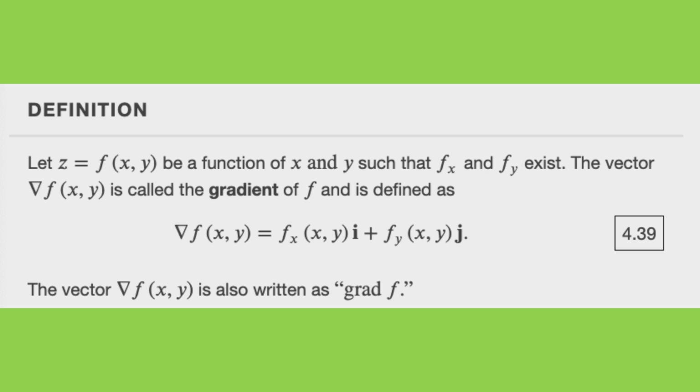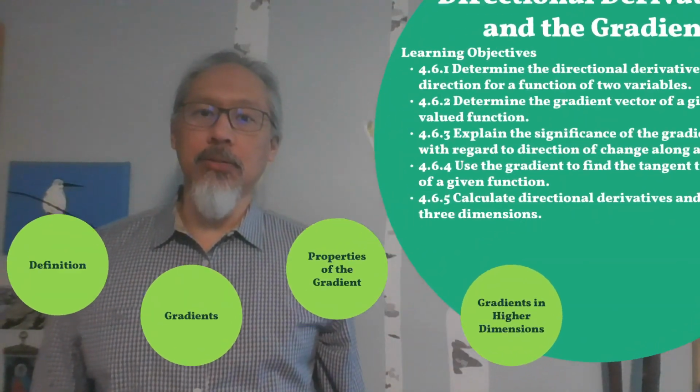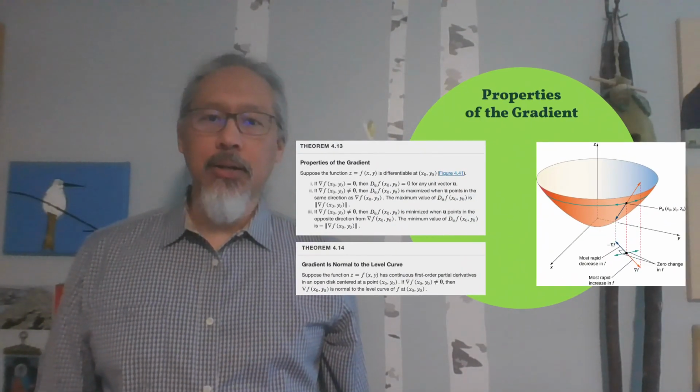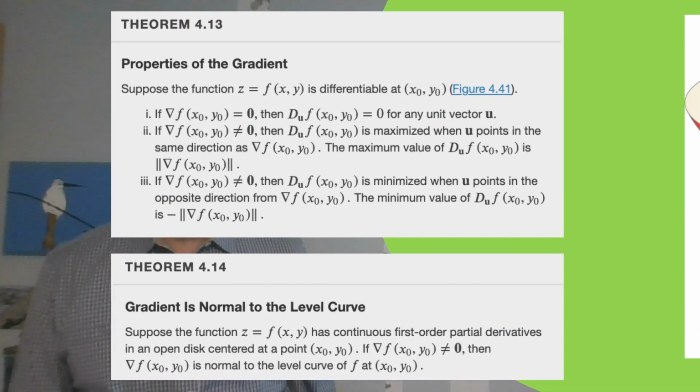Well, this was used in the formula for the directional derivative, but it turns out that these gradients are also special in their own way. So there are some properties of the gradients that we're going to study. It turns out that if the gradient is 0, then the directional derivative is going to be 0.